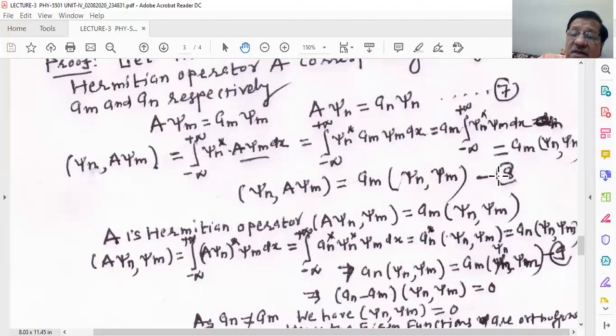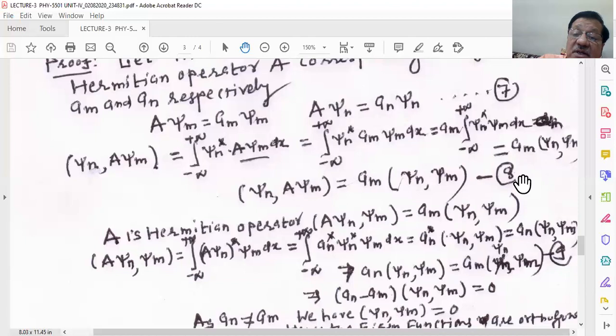So using equation number 8 and equation number 9, the left hand side is the same. In equation number 8 and equation number 9, the left hand side is the same, so the right hand sides of equation number 8 and equation number 9 should be equal.